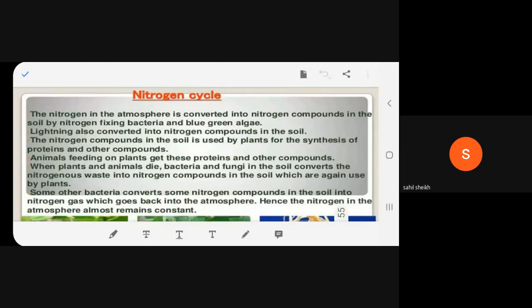It is absorbed by the roots of the plants. Right, beta? Is it clear? And they are used by the plants for the making of proteins and other compounds, like fats, and other things will also be added.